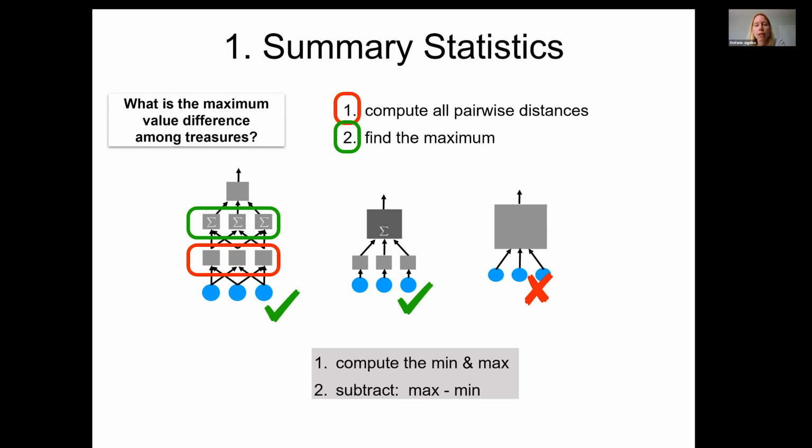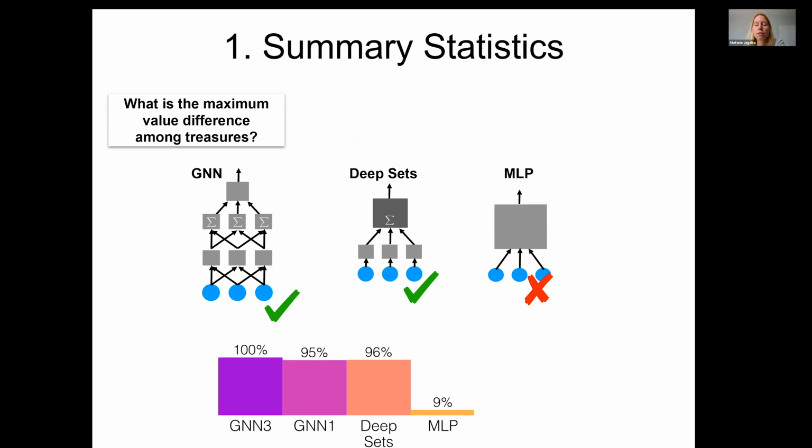But there's a different way you can solve the task: compute the min of everything and the max of everything, and then take the difference of these two. This is something you can easily do by looking at all of them simultaneously. Hence, we would conjecture that the deep sets and the graph neural networks can learn the task easily, but the MLP cannot. And that's essentially what we observe.